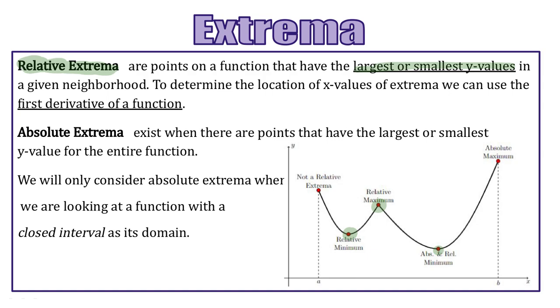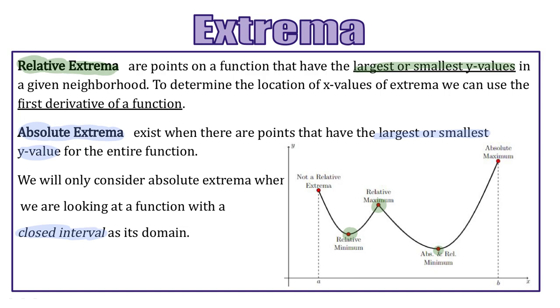An absolute maximum or absolute minimum is the largest or the smallest y value over the entire function, and that will be on a specific interval. So we'll always be talking about on a closed interval what is the highest or the lowest value.